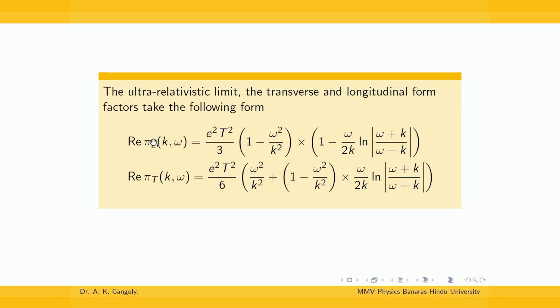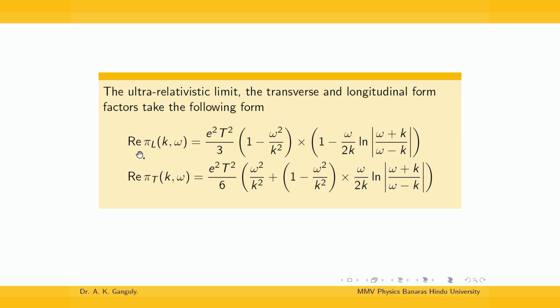Their behavior in the ultra relativistic limit, that means that you can neglect the mass of the fermions compared to the other quantities that are present in your system parameters like temperature or frequency or wave vector, 3 wave vector.